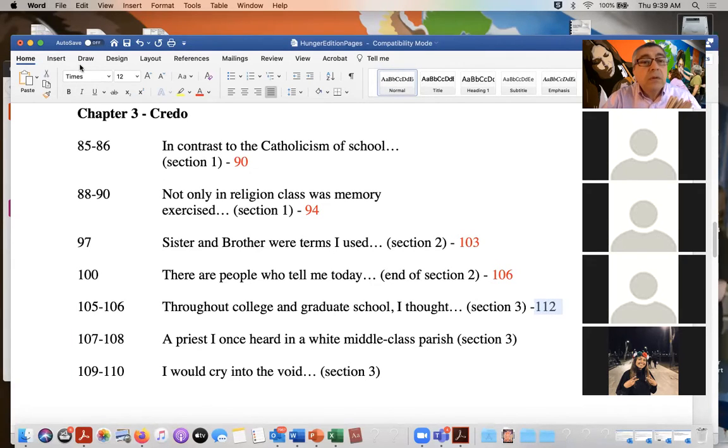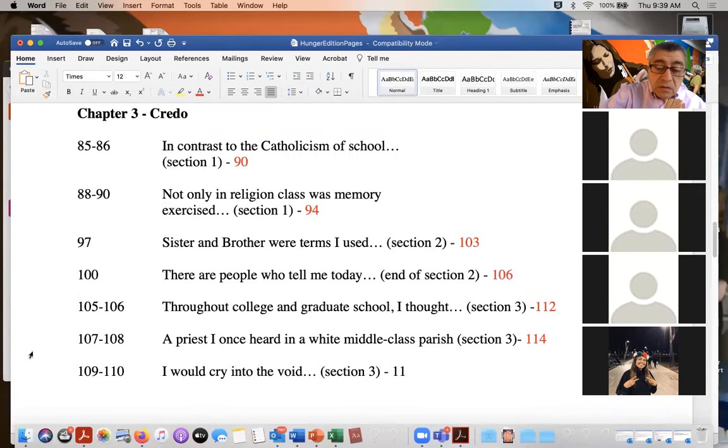Only 2 more to go. This is the next page, 107. The next one is 114. And then the last one is 116. Thanks a lot, Kelly.